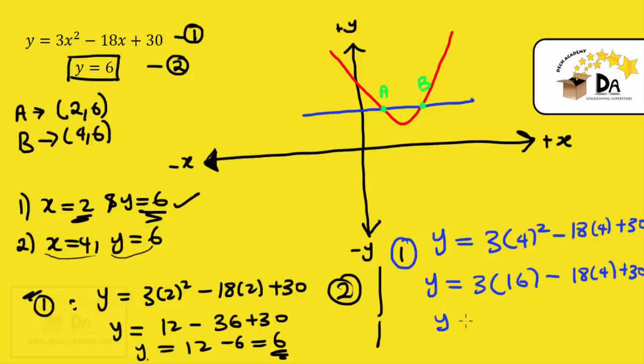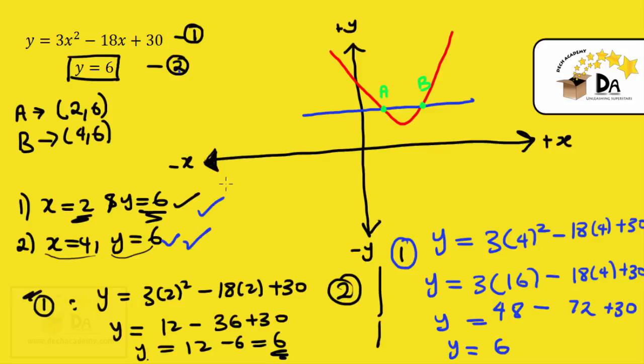This gives y is equal to 48 minus 18 times 4, 72 plus 30, which gives y is equal to 6 when you simplify. So we replace x with 4 and we get a y value of 6, which is what the solution says. In equation 2, regardless of what the x value is, y is 6. So this is also valid.